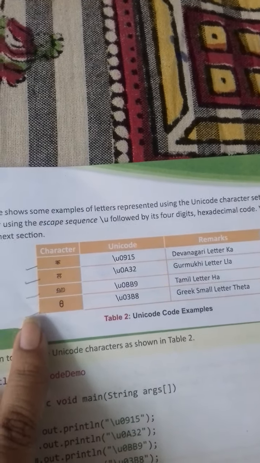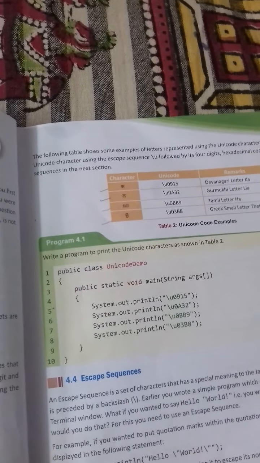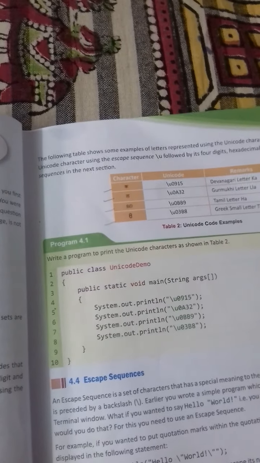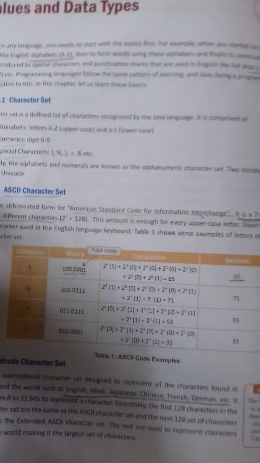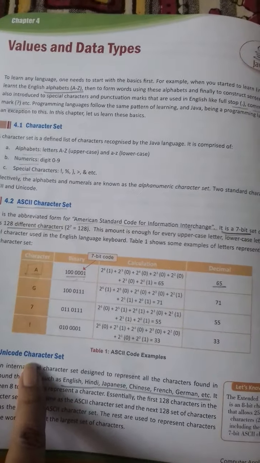So this is the biggest character set which object oriented languages follow. Now you will not have much deeper questions on this. You just have to remember the full forms and the bits or the number of characters it includes. So just remember the names of the two character sets, the ASCII character set and the Unicode character set.